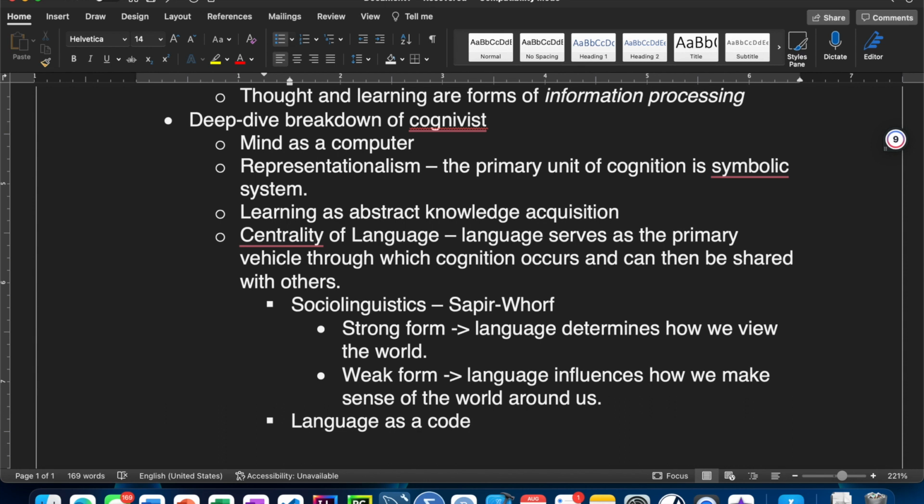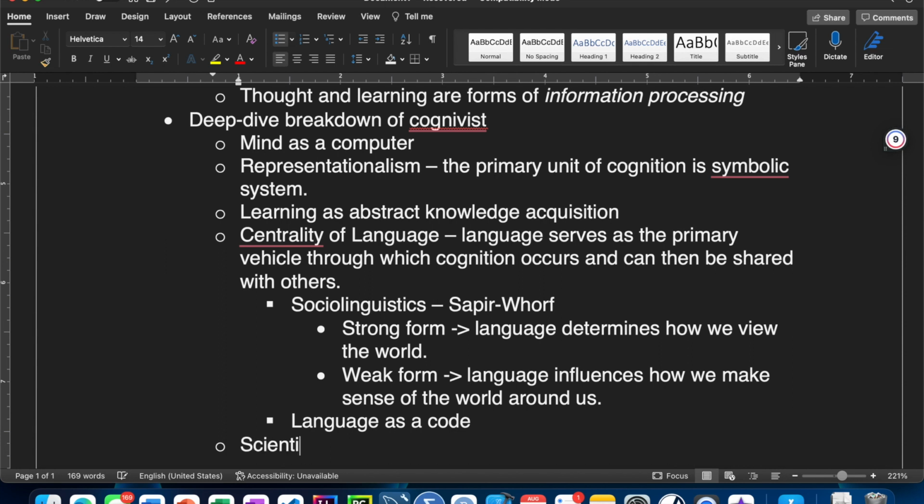Meanwhile, Java will oftentimes be used for smaller applications or highly portable applications. Meanwhile, Python and R are typically used for machine learning and data science applications, right? So with cognitivist approaches, we can also view language similarly, right? And we can view different languages as just different programming languages through which cognition will oftentimes be run.